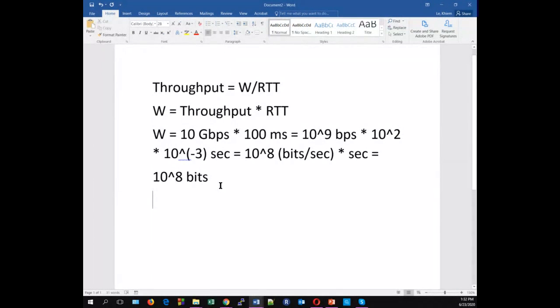Okay, so if I express it in packets, I have to divide by the size of the packet, which is 1500 times 8, 1500 bytes, right?